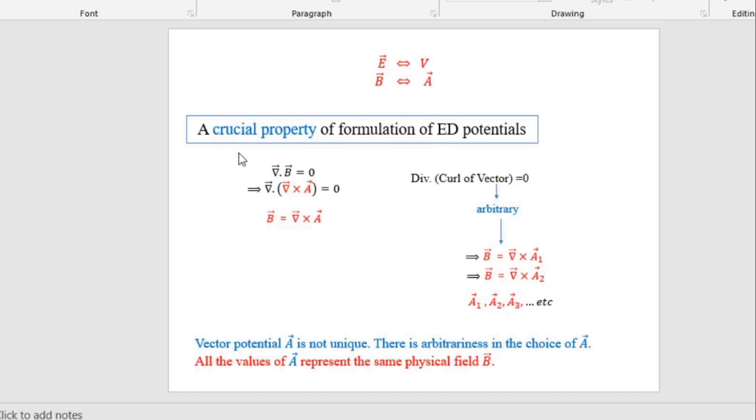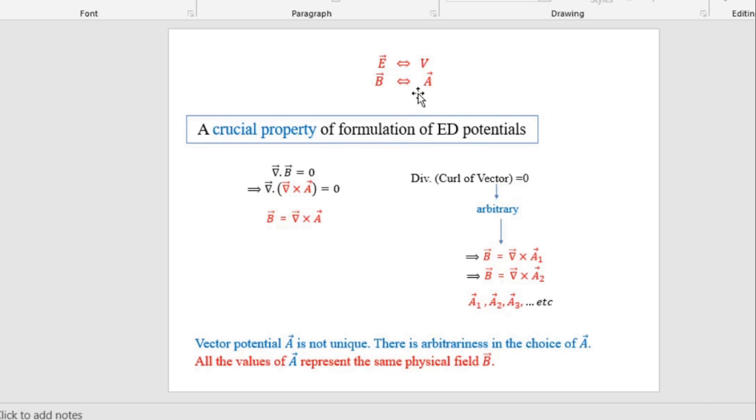Now we will discuss a very crucial property of the formulation of these electromagnetic potentials. Actually, this property is the key point towards the concept of gauge transformations.